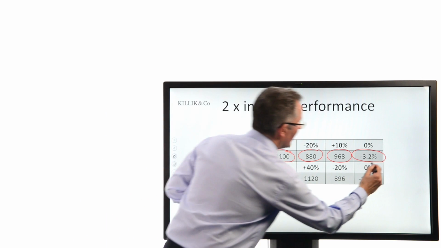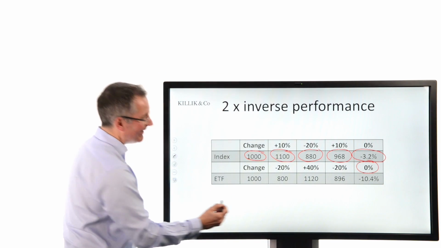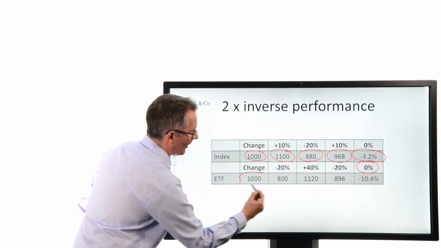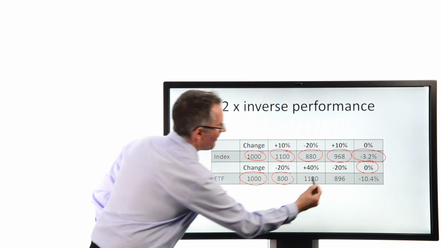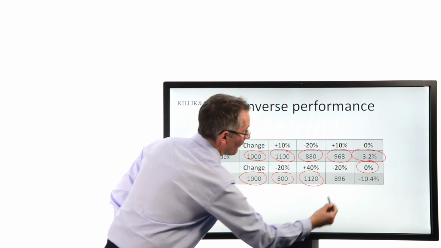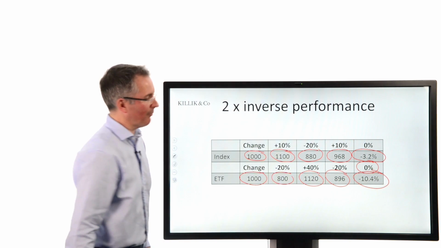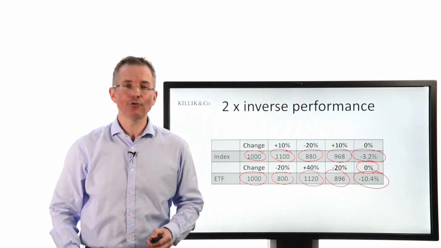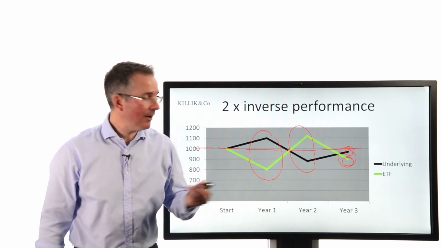So in theory, it's flat, but in practice it won't be. All right, and that's because if the ETF starts at 1,000 as well, take it down 20%, you get 800. Take it up from there 40%, 1,120. Take it down from there 20%, 896. So it has dropped 10.4% against the index dropping 3.2. Hence, that bit at the end of my previous slide.